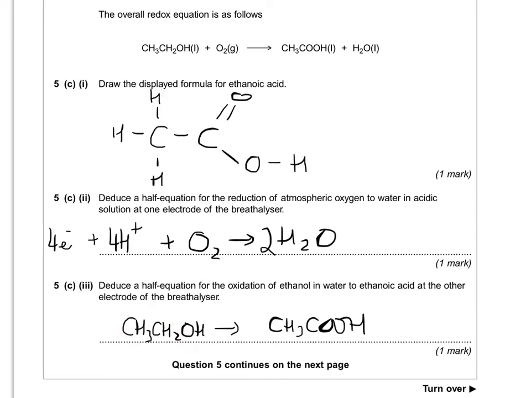So we've got 1 on this side and 2 on this side. So we're going to have to add 1 water onto this side. Then balance your hydrogens with H+, so you've got 1, 2, 3, 4, 5, 6, 7, 8 on this side, and 1, 2, 3, 4 on this side. So we need another 4H+ on this side, and therefore another 4 electrons to balance the charges to make them both 0 in this case.